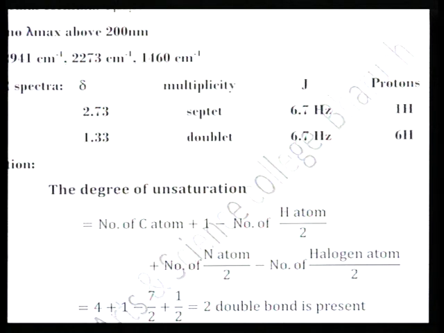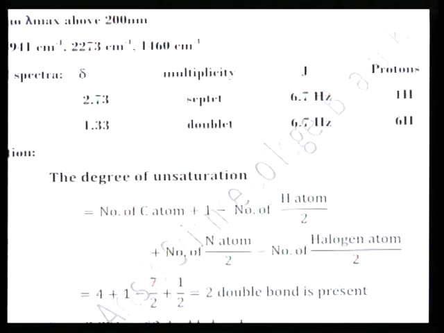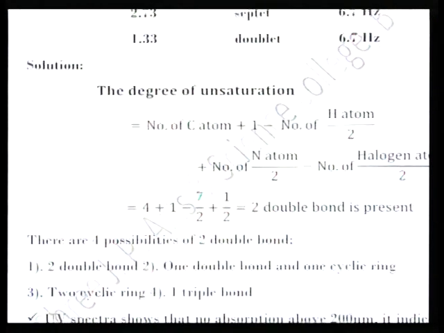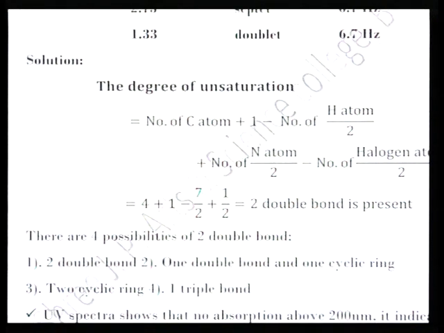So using this formula: 4 plus 1 minus 7 by 2 plus 1 by 2 equals 2, which is called the double bond equivalent. So, 2 double bond equivalents are present.